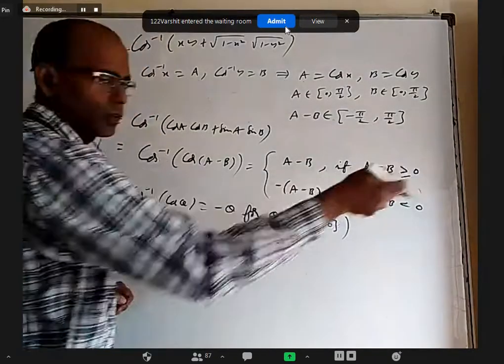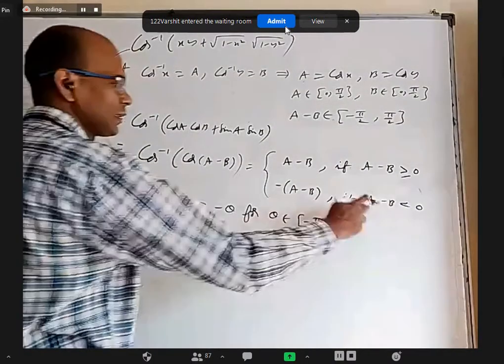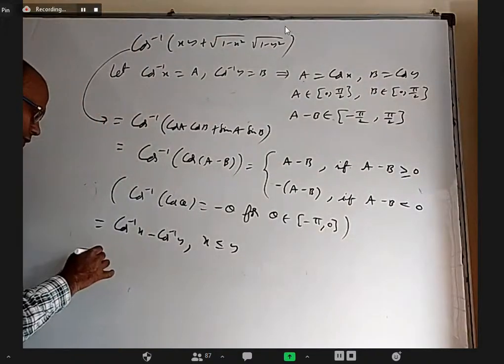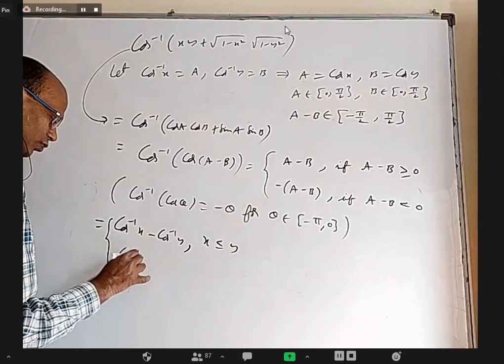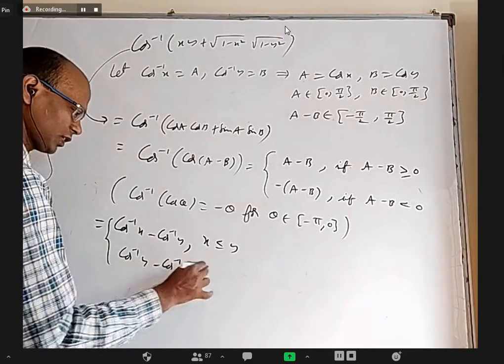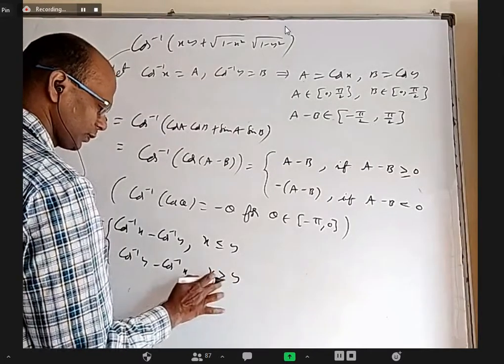A greater than or equal to B means actually x less than or equal to y. And A less than B gives minus A plus B, that is cos inverse y minus cos inverse x, when x is greater than y or equal to it.